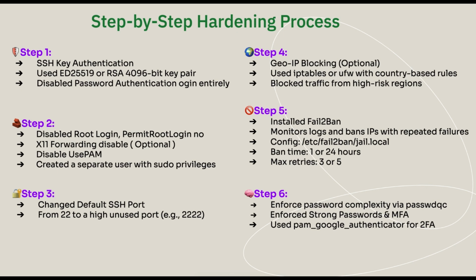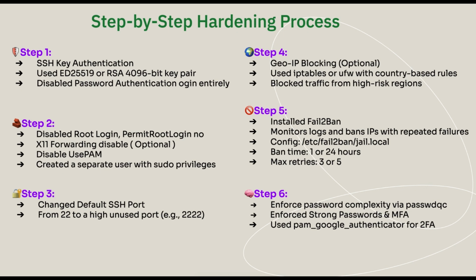Also change port 22 to an unused custom port, and use iptables as a firewall. Also install Fail2ban to block repeated IPs for a retry time period. And also use strong authentication policies like MFA and complex passwords.